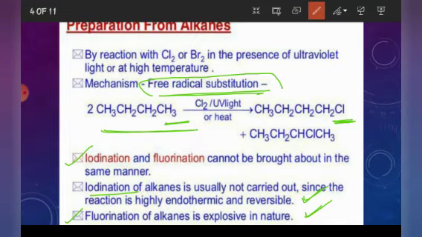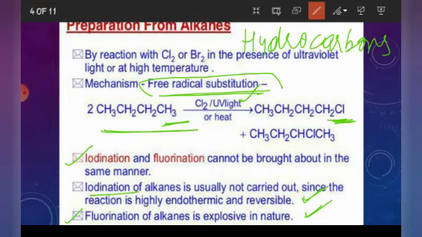So basically chlorination is carried out in the presence of UV light. One by one, hydrogen can be replaced to give the desired product. This was the first method under hydrocarbons in which we have prepared from alkanes. Okay. Now let's move on to the next method.